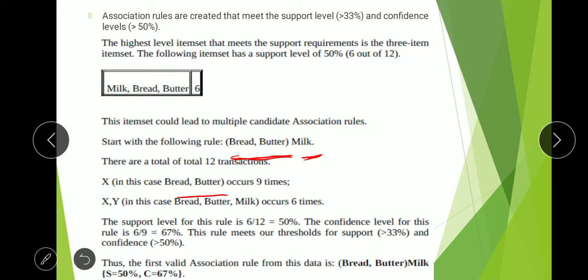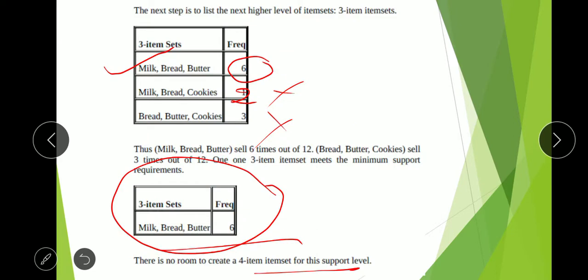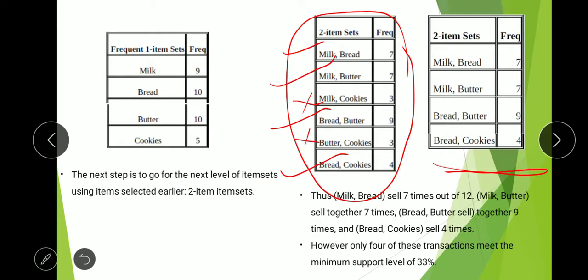So let us see how many times bread and butter have occurred together. Let us go for the 2 item sets, because in this table only we will get it, right? Bread, butter, 2 combination.